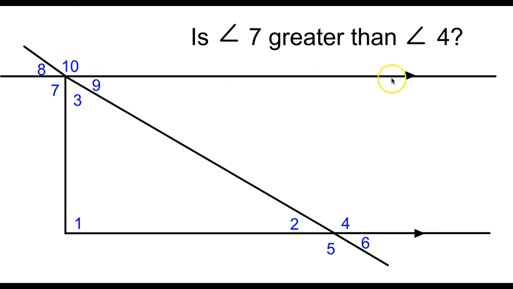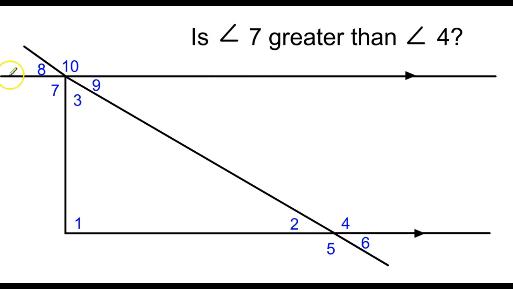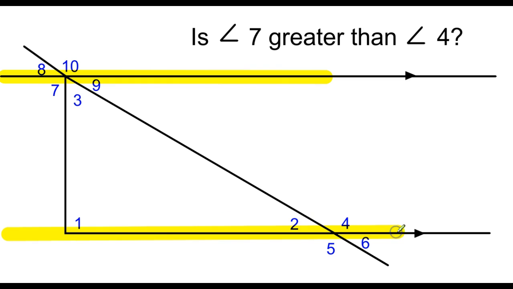Also note that they give us that the lines are parallel. So if that helps you, highlight these parallel lines. And remember, anytime we have parallel lines, we should be thinking maybe we've got the star smiley guide going on here. And so you've got two possible transversals here. I'm going to focus on this transversal going straight up and down.